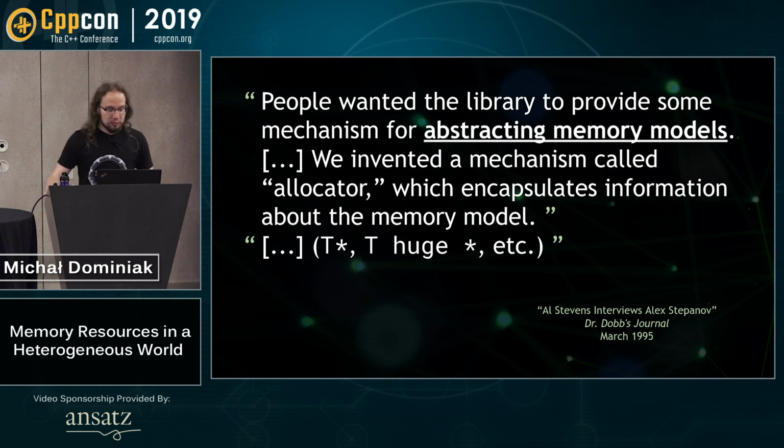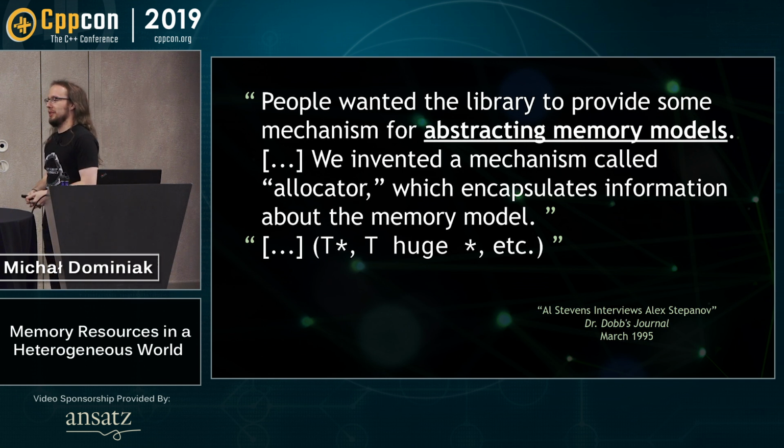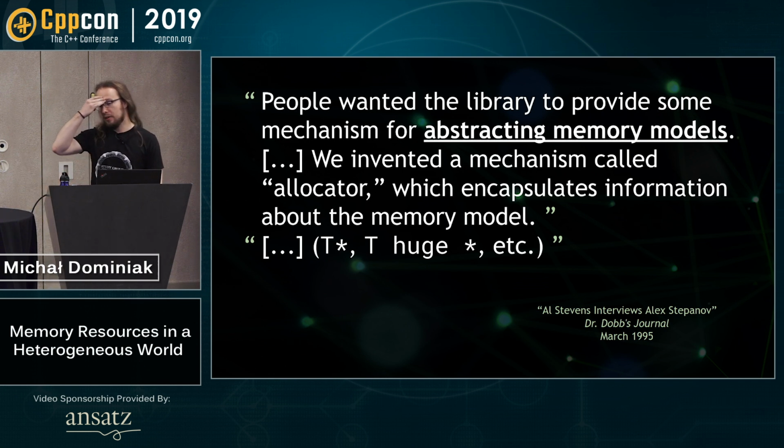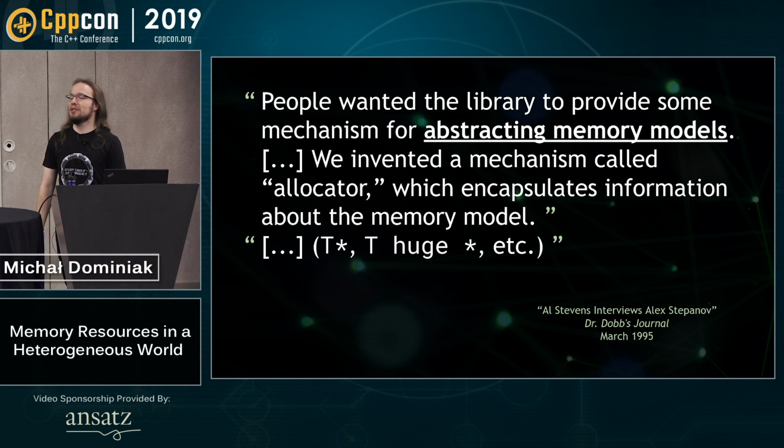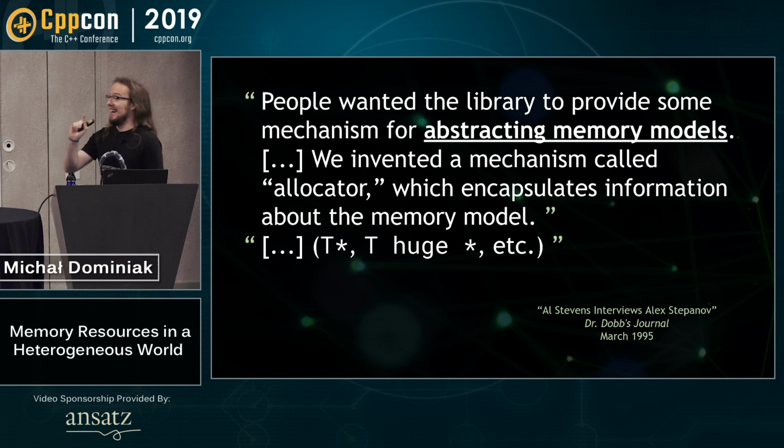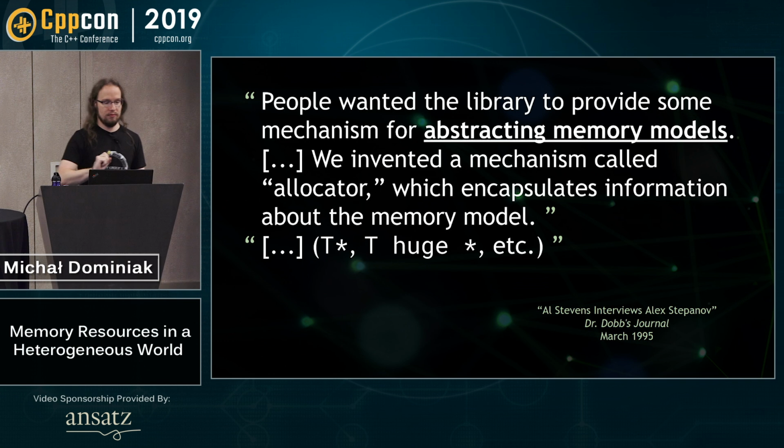But he also mentions that not all of those pointer types are going to use size_t for sizes and ptrdiff_t for differences between pointers, which was the assumption of the STL prior to this point. So in essence, the original motivation for this mechanism wasn't to tell you how to allocate memory. It was to be able to interact with different memory models and different kinds of pointers and different kinds of references.